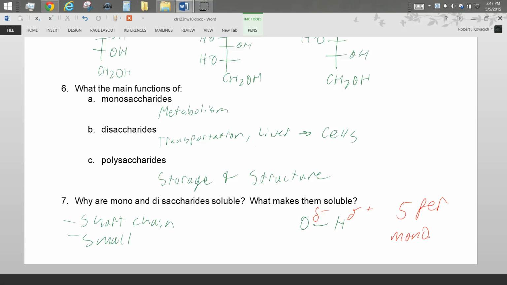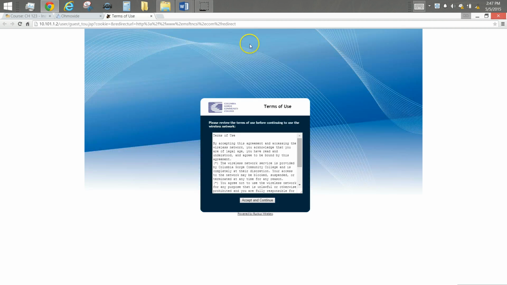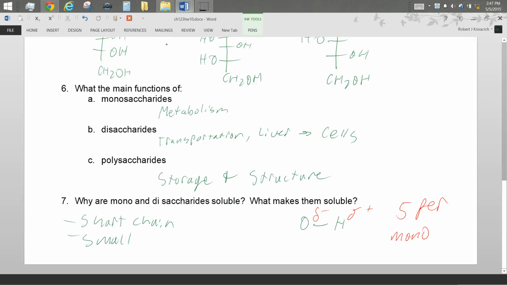For something to be soluble, it means it's aqueous, and for something to be aqueous, what has to happen? The water needs to be able to do what? Break bonds. No, it doesn't need to break bonds. It does that with soluble ionic compounds, but it doesn't break any bonds in the glucose. So what does it need? It needs to be able to interact with the molecule.